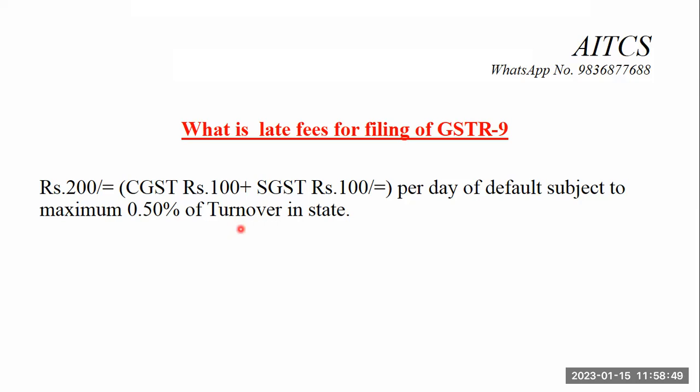One thing here I want to make clear, filing of GSTR 9 is GSTIN based. Means if any taxpayer has two GST numbers even in the same state, then he has to file GSTR 9 separately, as those entities will be treated as separate legal persons.